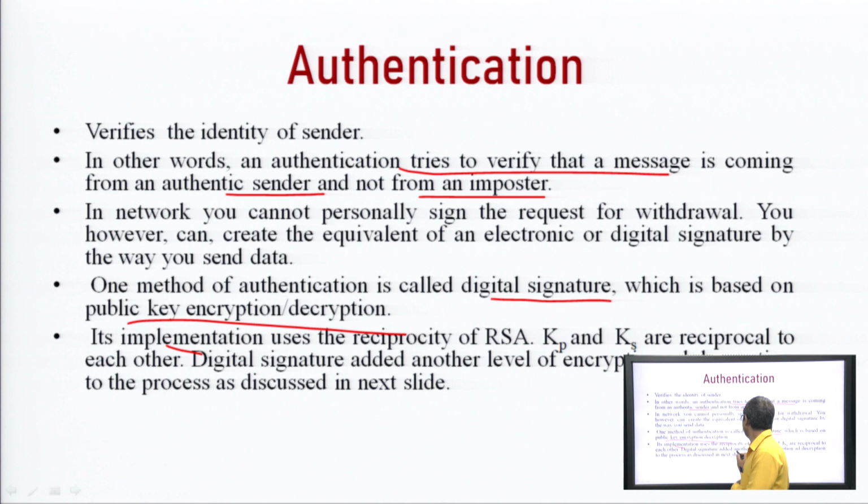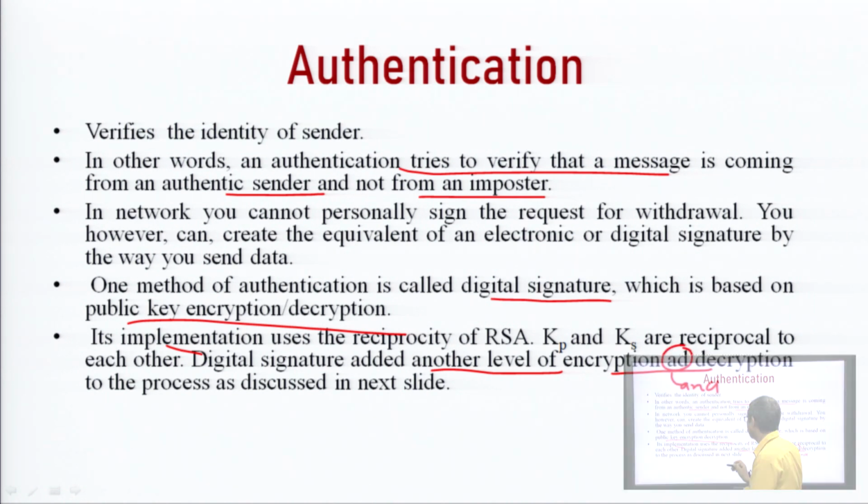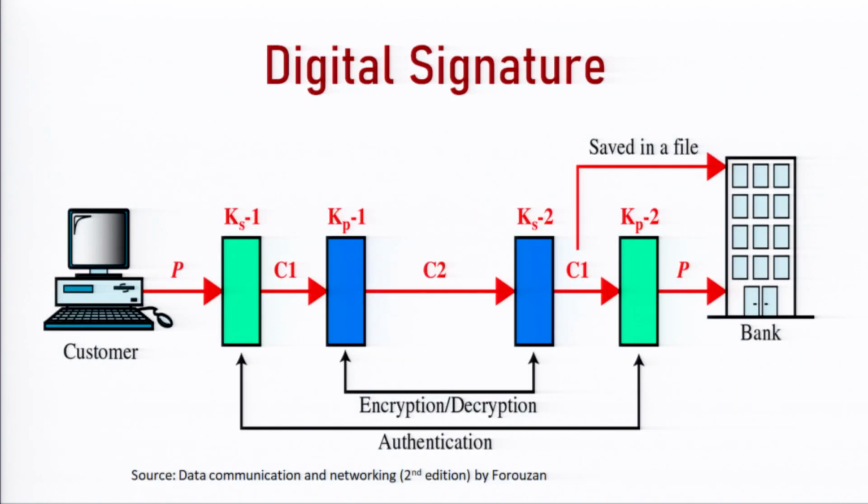Digital signature adds another level of encryption and decryption to the process as discussed. Here another level of encryption and decryption has been used, say K s minus 1 and K P minus 2.